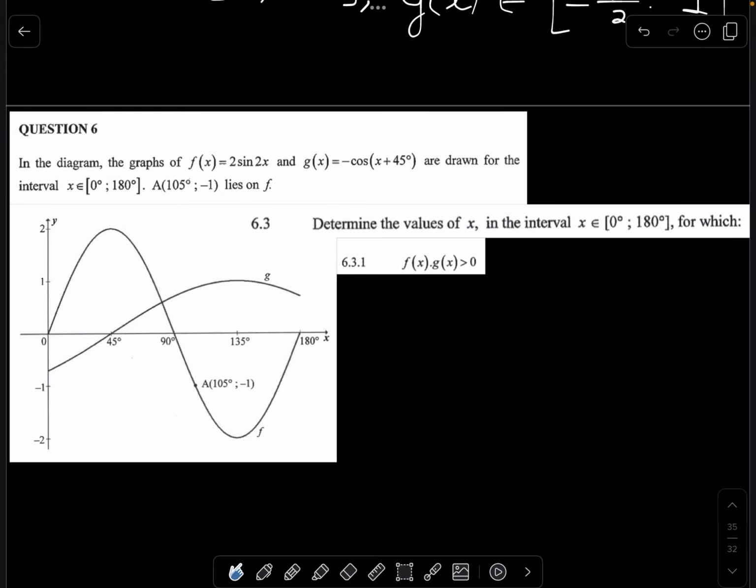Looking at the same graphs, determine the values of x in the same interval for which f of x times g of x is greater than 0. So when the output of function f and the output of function g multiplied together is going to be positive. As usual with these kinds of questions, we look at two cases.